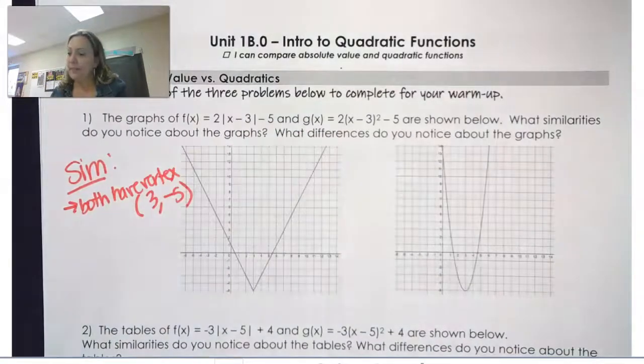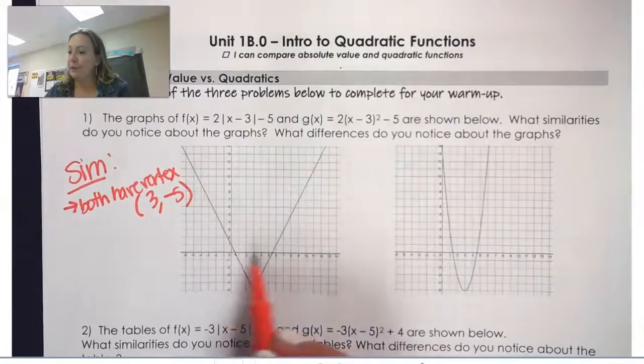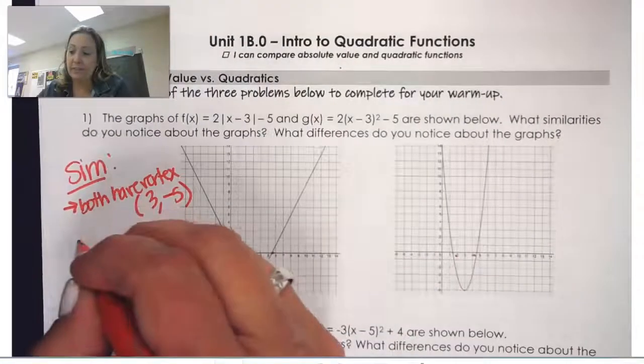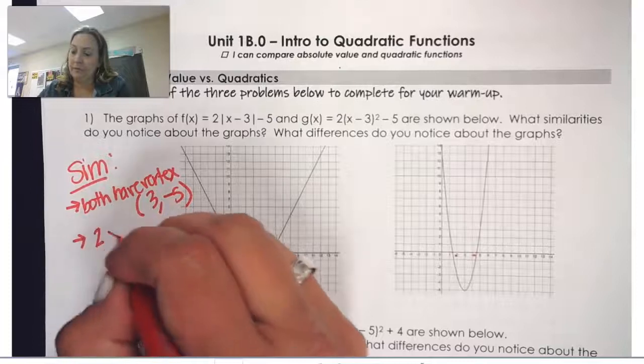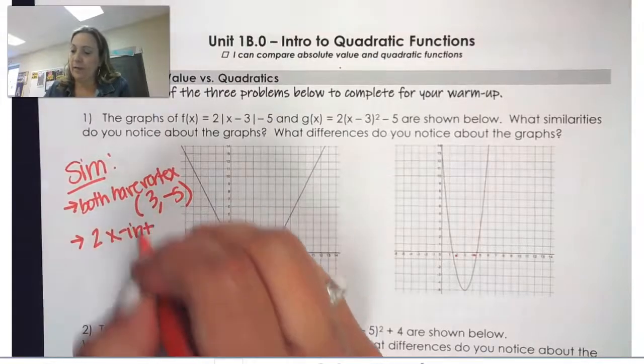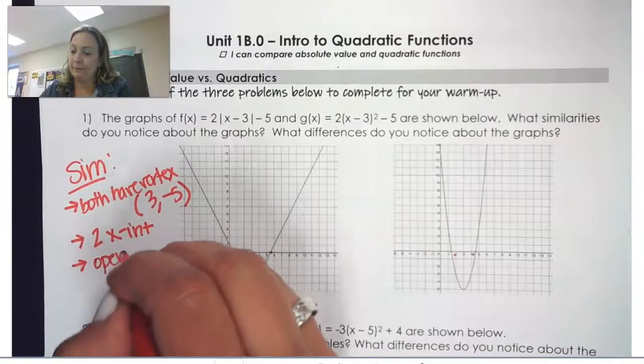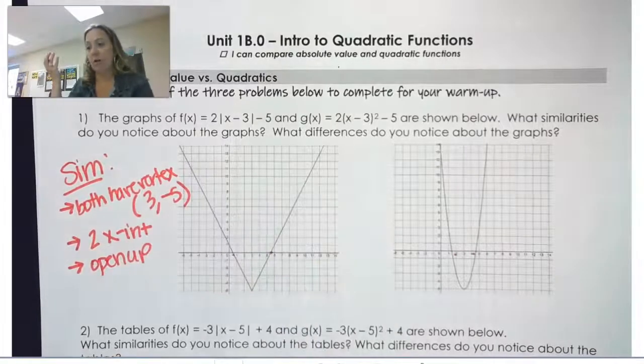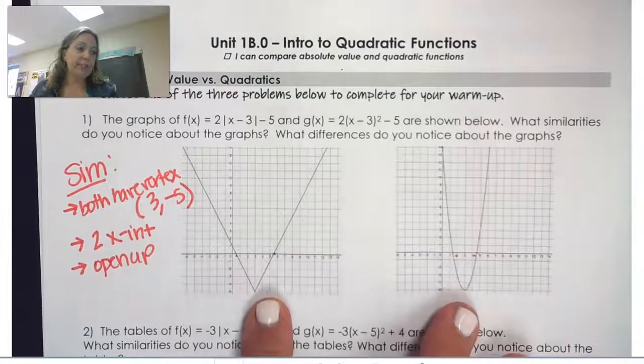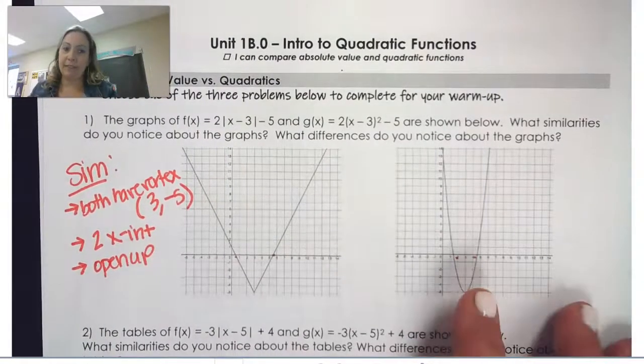Some people notice that they both have 2 x-intercepts. Some people notice that they both open up. Those are some things that people usually notice about the similarities.